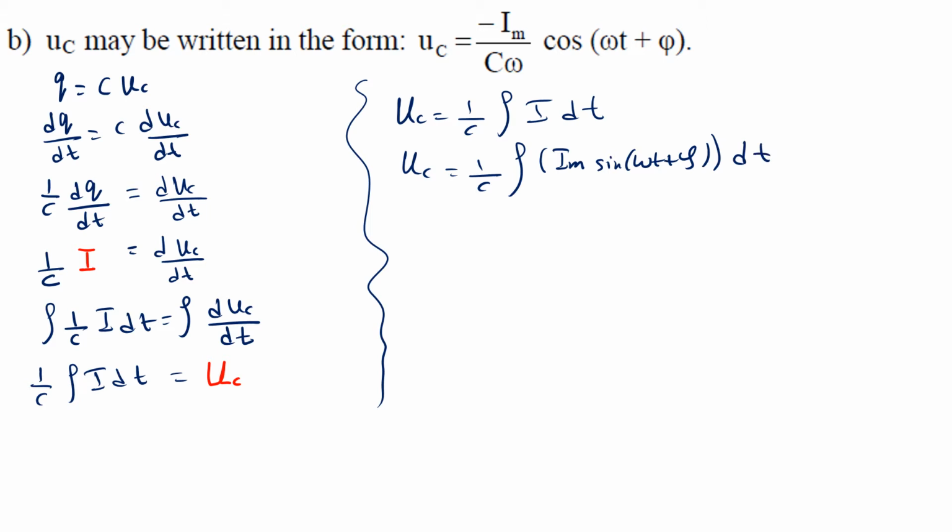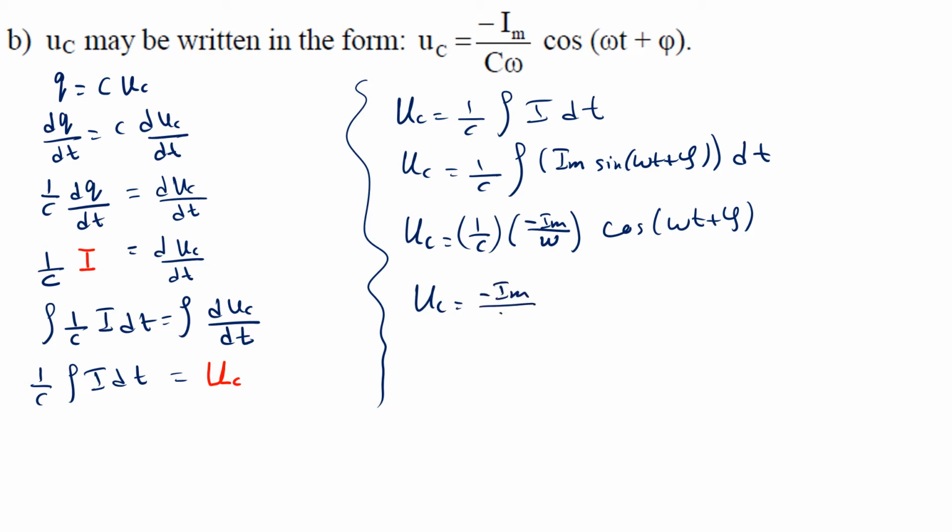So doing this integral, you will get 1 over C times minus Im over omega cosine omega t plus phi. So we will get UC is equal to minus Im over C omega cosine omega t plus phi. This is the solution.